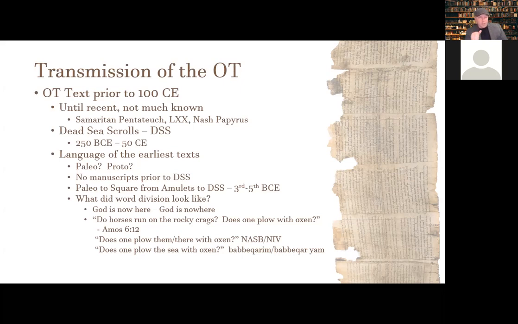Is it Paleo Hebrew? We have some inscriptions that attest to Paleo Hebrew being as far back as the 9th and 10th century BC, and as far forward as the 3rd century BC. But was that the text of the Bible? Was it written in that text? Was it written in Proto-Canaanite or Proto-Sinaitic?